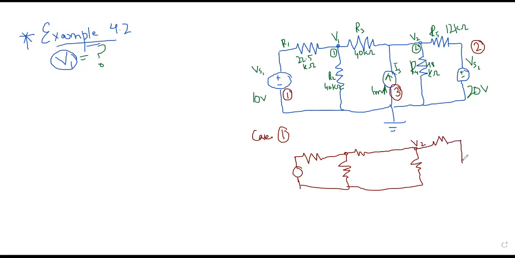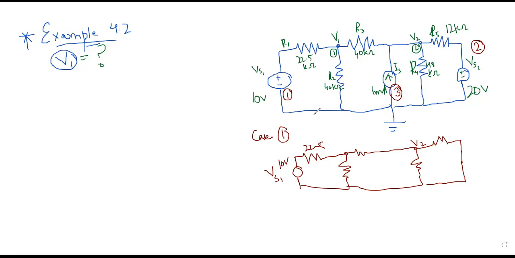When it is VS1, there will be no VS2 and IS. The value for this is 10 watt, 22.5, respectively from the diagram. When I am using VS2, there will be no VS1 and no IS. When I am using IS, there will be no VS1 and no VS2.